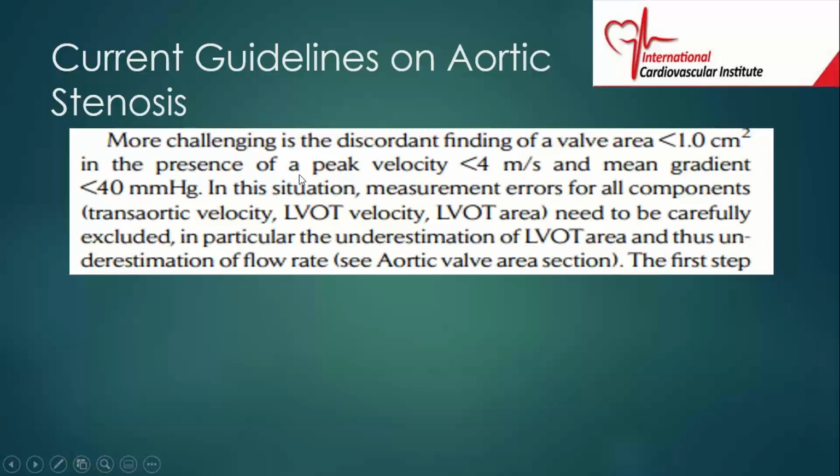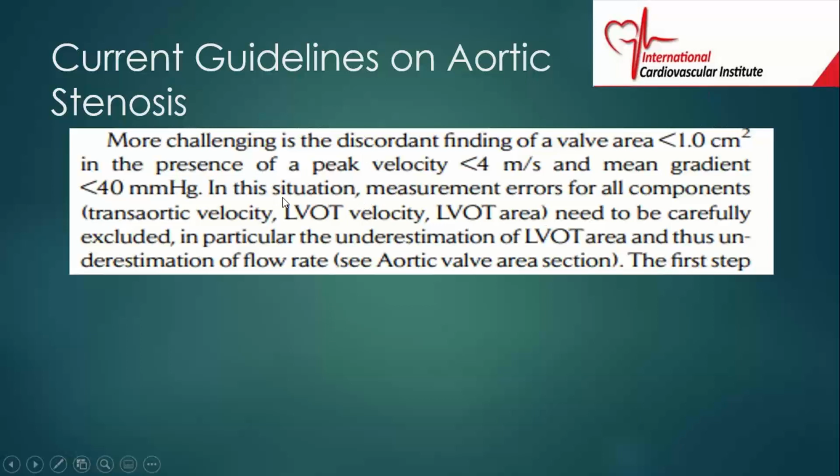And then, of course, you're going to look at the different trans-aortic velocities. You're going to look at the LVOT velocity, the aortic valve velocity. Make sure that they were done properly, okay? And again, multiple windows.